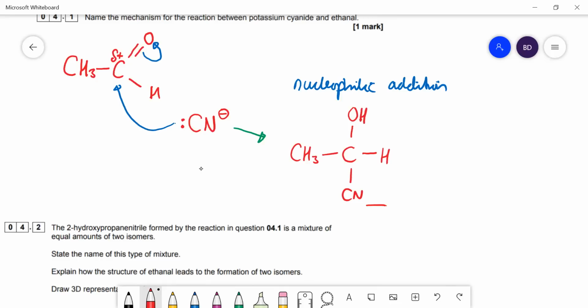So what we've got there is a carbon atom with 4 different groups attached to it, and so it can show optical isomerism. When we get a 50-50 mixture, what's that called? This 50-50 mixture of the 2 optical isomers is called a racemic mixture.